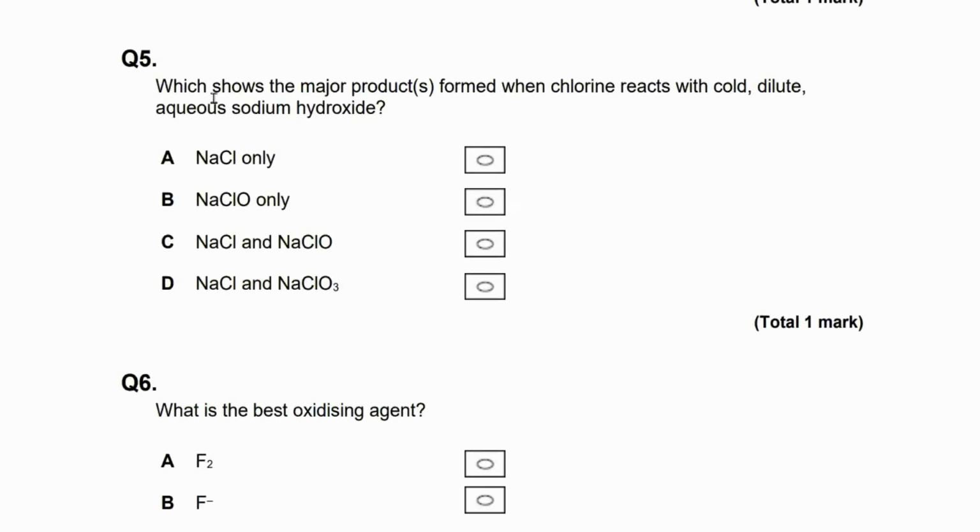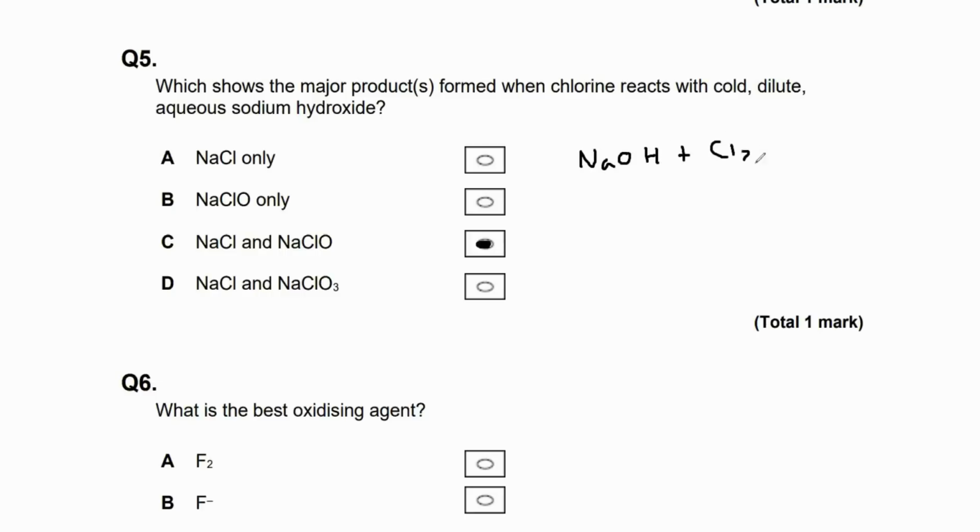Right, question 5. Which of these show the major products formed when chlorine reacts with cold dilute aqueous sodium hydroxide? So you're looking for a reaction with chlorine plus sodium hydroxide. So let's write out the reaction.